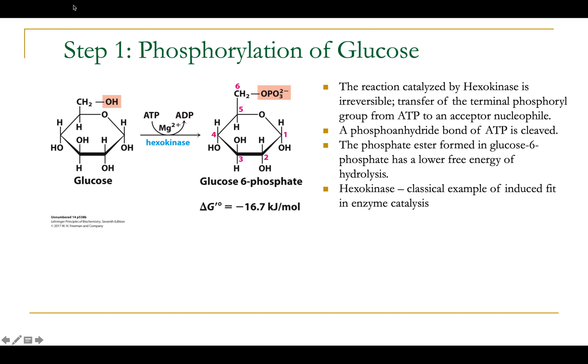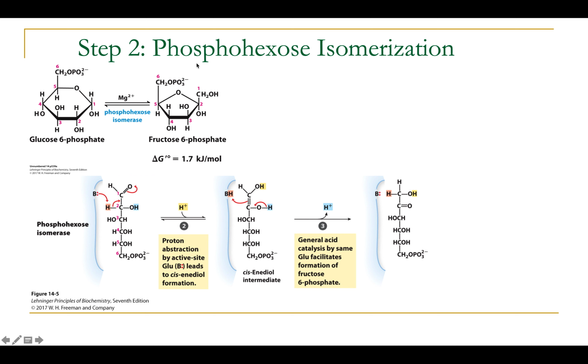described in detail. Altogether, in the first step of glycolysis, the glycolytic pathway starts with 1 glucose and uses 1 ATP converted into ADP to produce 1 glucose 6-phosphate. In the second step, the glucose 6-phosphate is converted to fructose 6-phosphate.